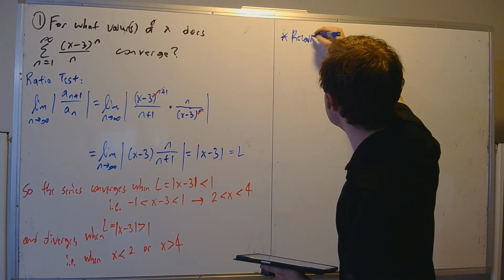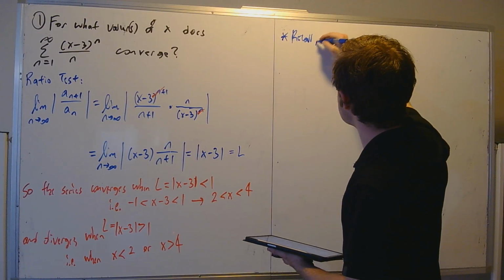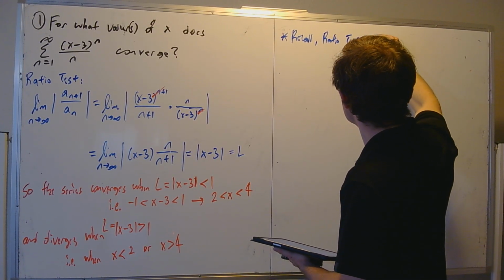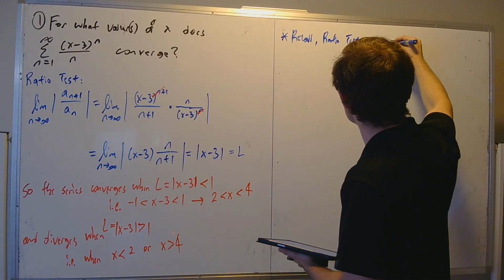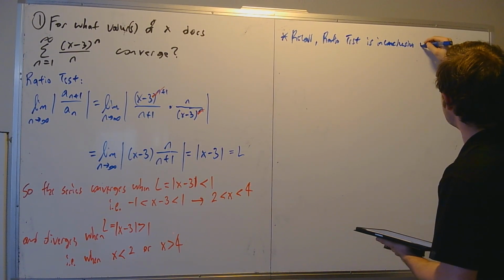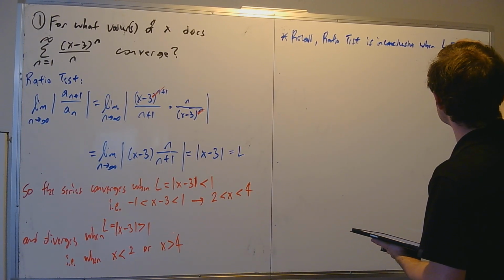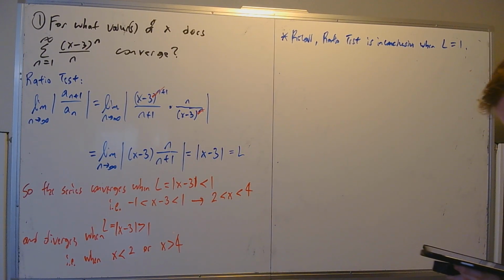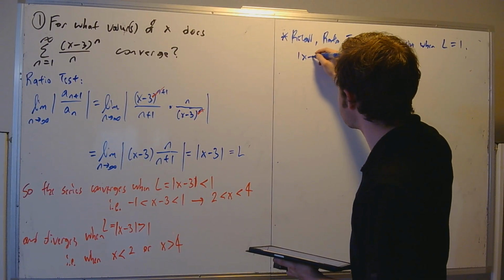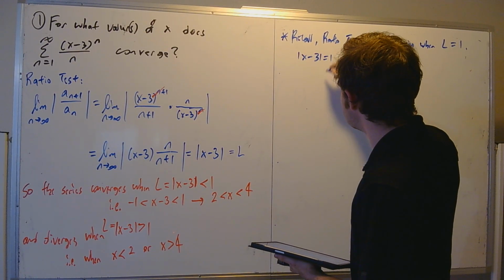Recall that the ratio test is inconclusive when L equals 1. So solving for when L equals 1, we know the absolute value of x minus 3 equals 1.